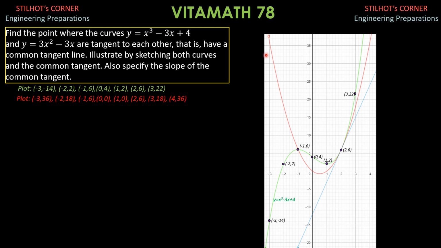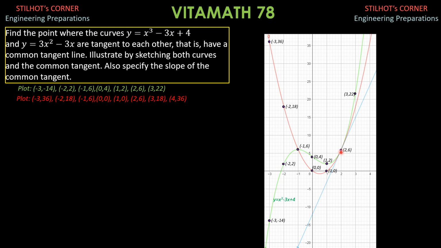So let's locate them: negative 3 comma positive 36, then negative 2 comma 18, negative 1 comma 6, which is this point, a common point of intersection between the two curves, then 0 comma 0, then 1 comma 0, which is that, then 2 comma 6, which is the common point also, and this is the common point of tangency in the figure, but let's also find it.